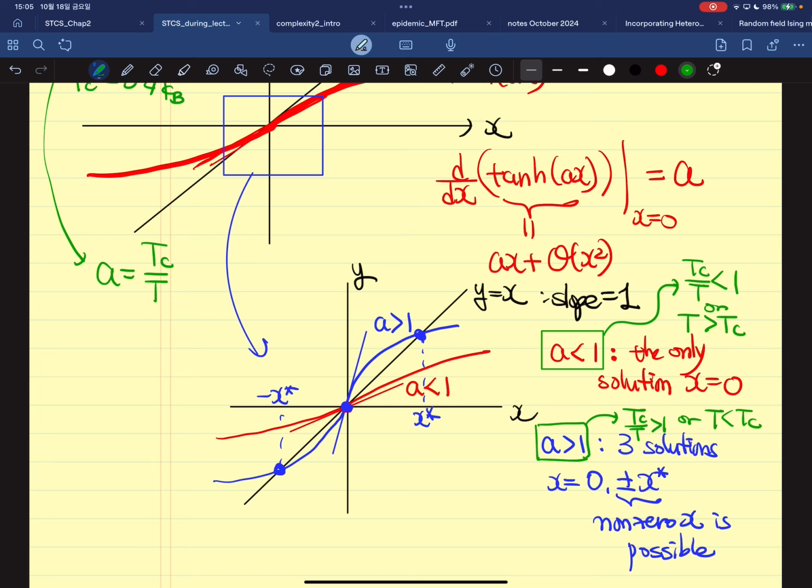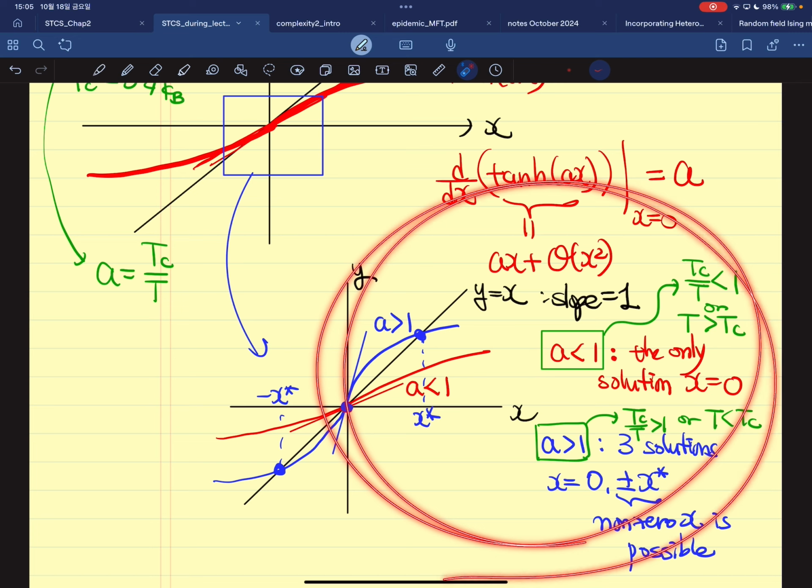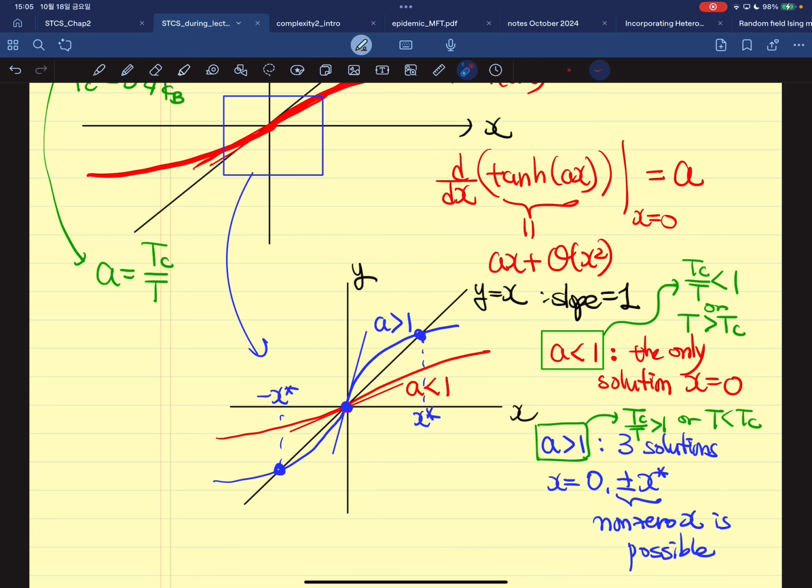So this is describing the precisely intuitive notion that for temperature larger than Tc, magnetization should always be 0 in the absence of external field.